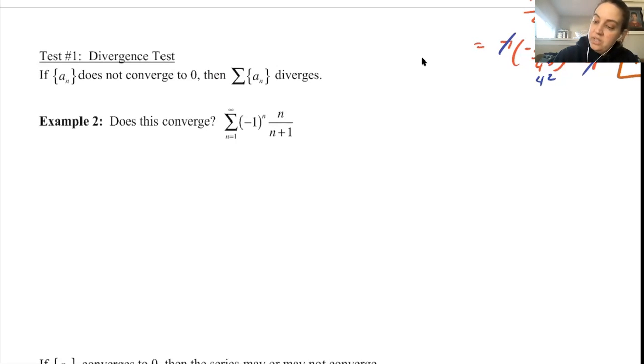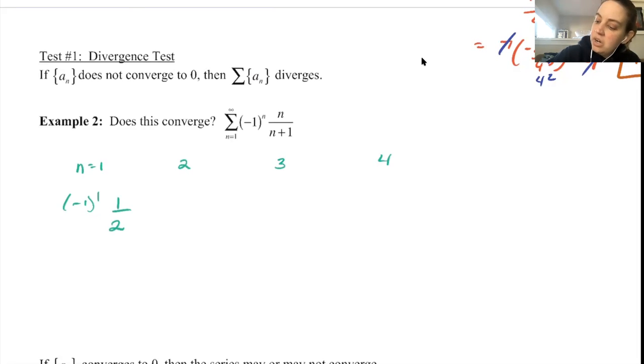So let's check this out. Does this converge? Well, while we're getting used to things, it's easiest to write out some terms. If n equals 1, I'm going to do 2, 3, and 4. I have (-1) to the 1 times 1 over 2.